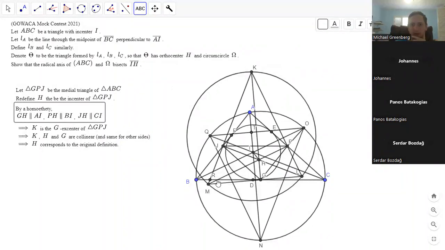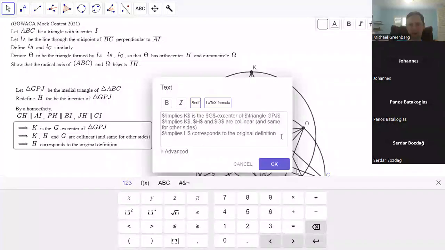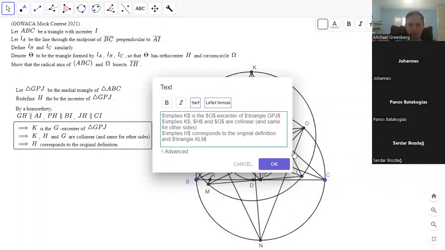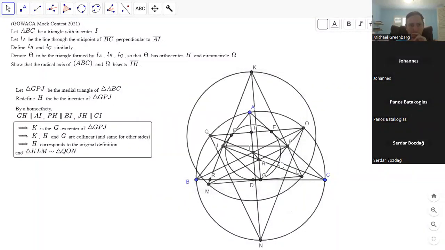Triangle KLM is similar to QON. So we know those are similar. Now we have to show they're congruent. But HG is going to be half of AI, which is TI.